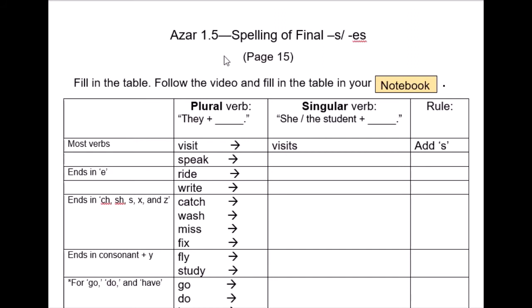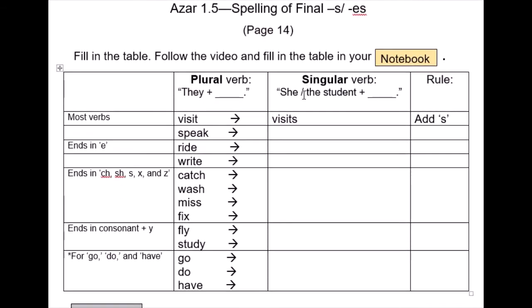So this practice goes with page 14 of your Azar book, okay? And this will help you practice the spelling. So we're going to do this together. You can write this in your grammar notebook, okay? So I want you to copy this for your grammar notebook. You can pause the video to make this table.